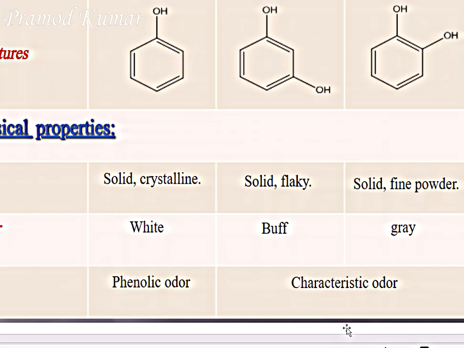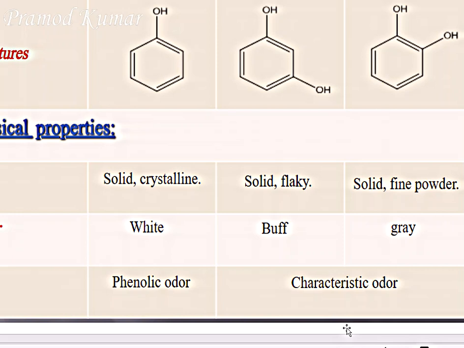If there is another hydroxyl group at the meta position, at positions 1, 3, it is known as resorcinol. And the third compound, now, that is your plain phenol.